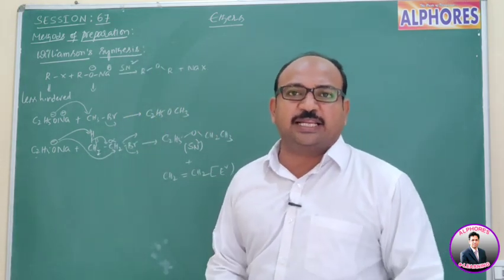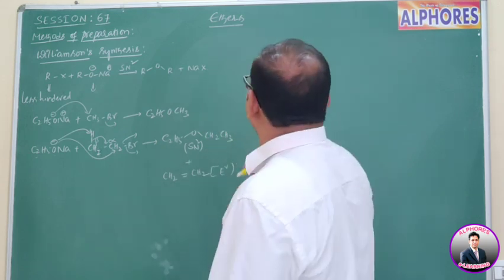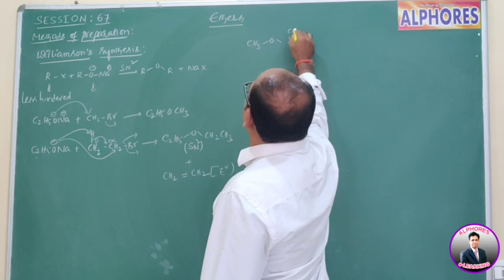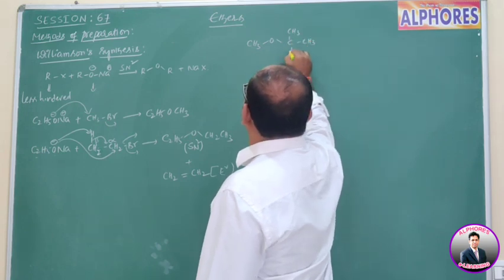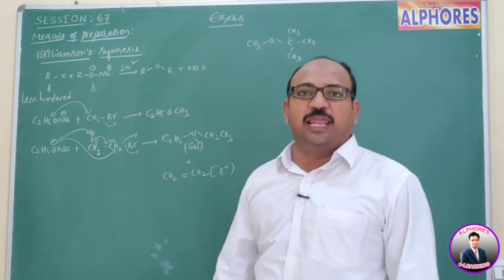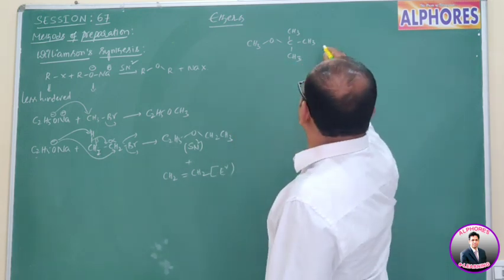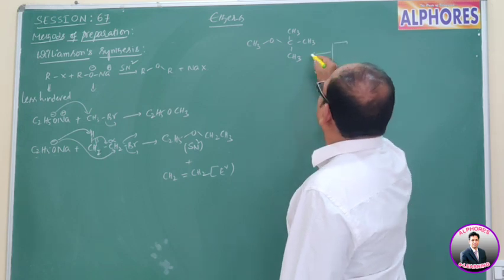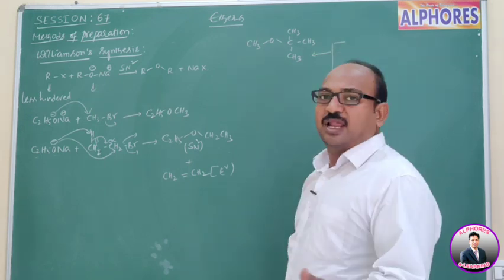Now, we want to prepare methyl tertiary butyl ether. Then which reactants do we need to consider? Methyl tertiary butyl ether, CH3O C(CH3)3. This ether we want to prepare. It can be prepared by considering two types of reactants. Let us see.